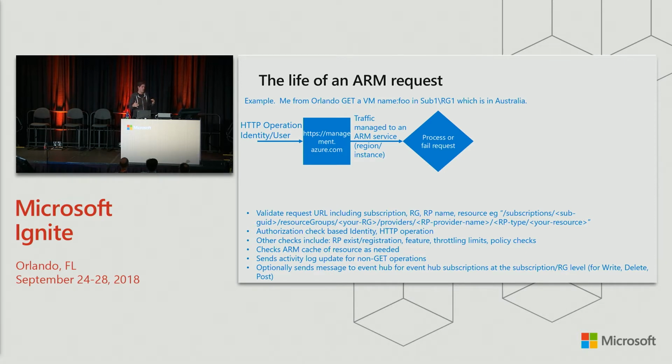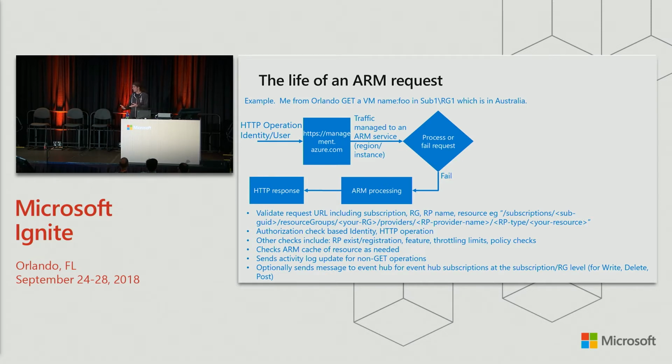All of these operations are things that the ARM processing engine does. And if any of these fail, or we don't authenticate, or it's the wrong URL or wrong RP, it fails and gives the user a 404, the appropriate response.